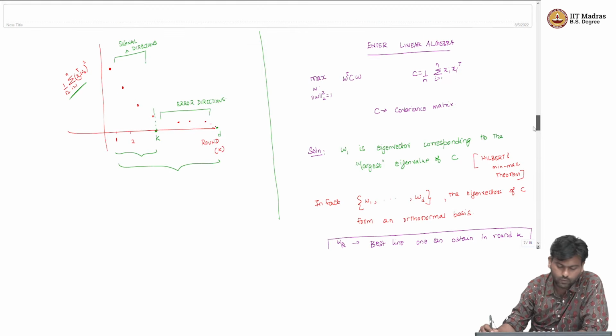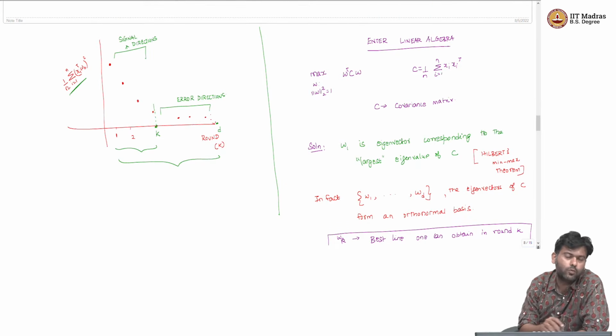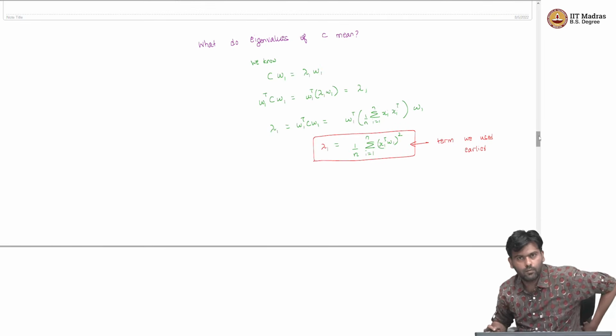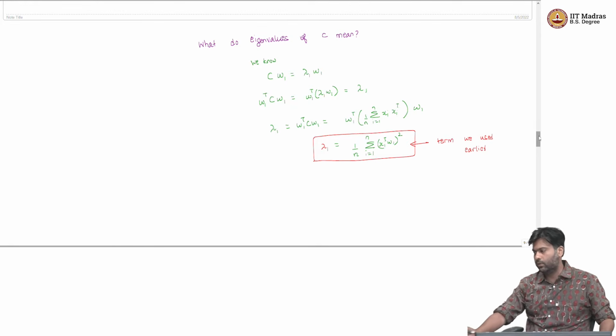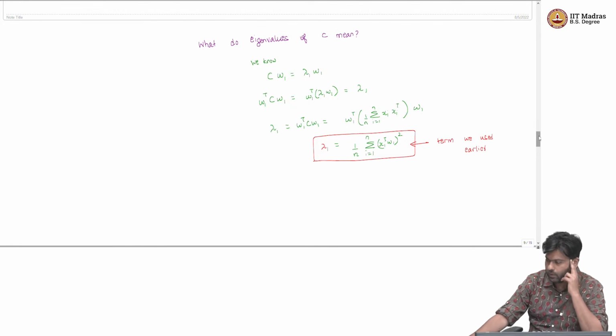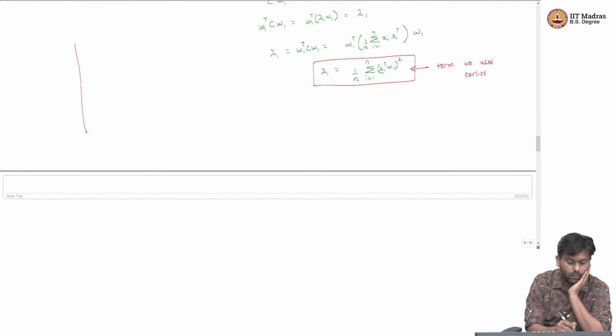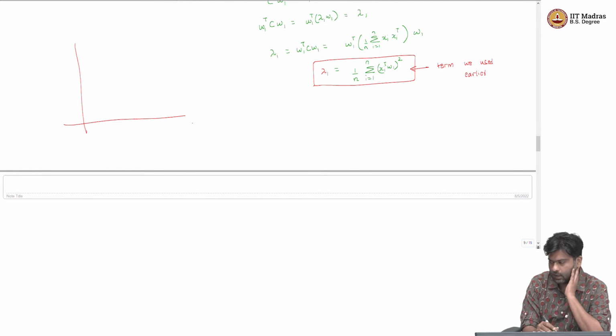Well, we used it to find out how many rounds we should run this algorithm for. This term is exactly the highest eigenvalue. Now, whatever we did before can also be interpreted like this.